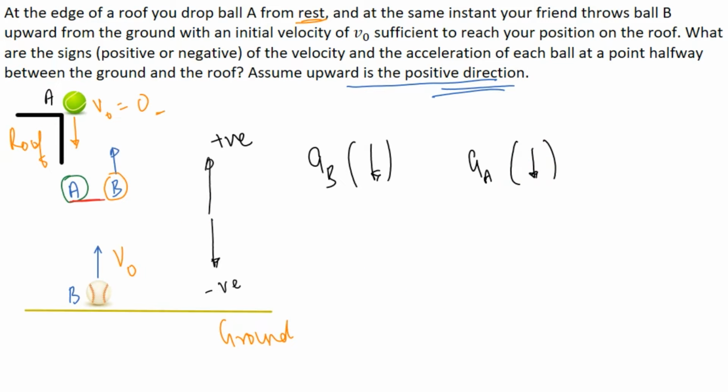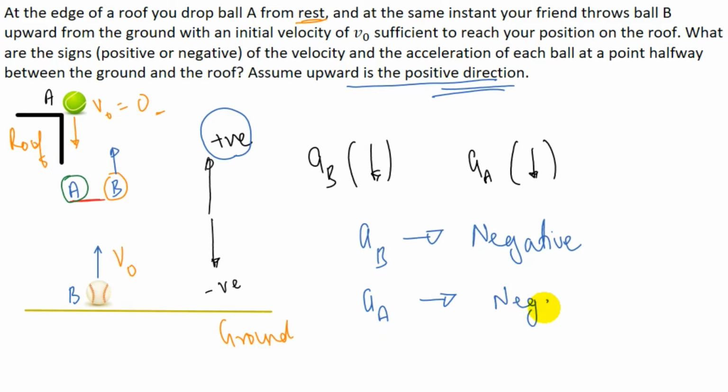Now since we have taken the upward direction to be positive, therefore acceleration for ball A and ball B would be negative because it is in the downward direction. So we can write that the acceleration for ball B is negative and the acceleration for ball A is also negative. Now let's see the velocity.